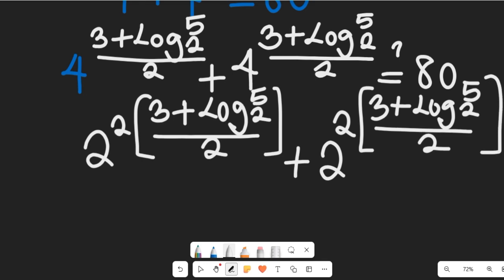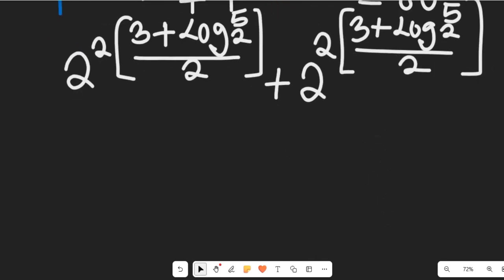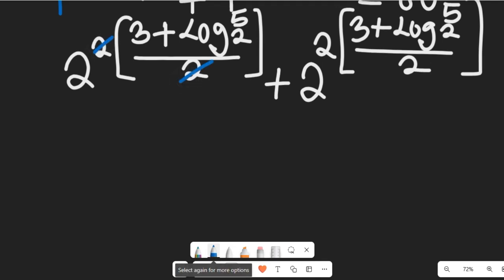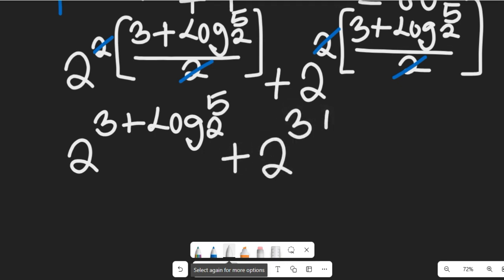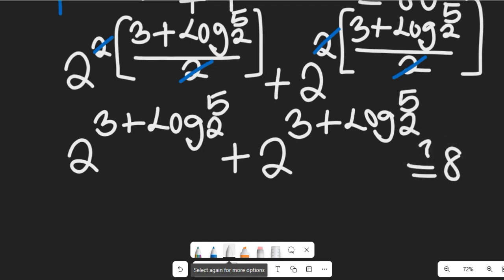Now if we simplify this, will it give me 80? Let's check that in the next step. In the next step, 2 will cancel out 2. Same here, 2 will cancel out 2. So we'll be left with 2 to the power of 3 plus log of 5 base 2 plus 2 to the power of 3 plus log of 5 base 2. Will this be equal to 80?